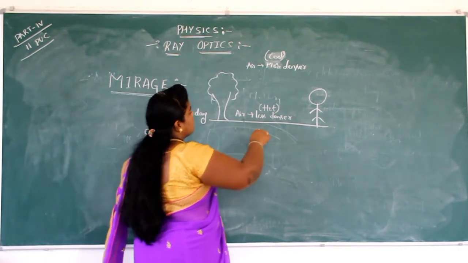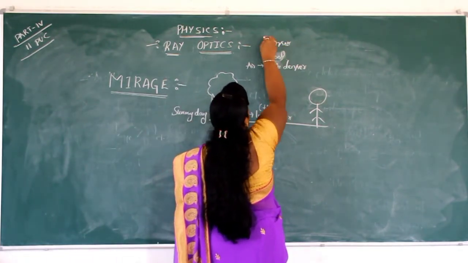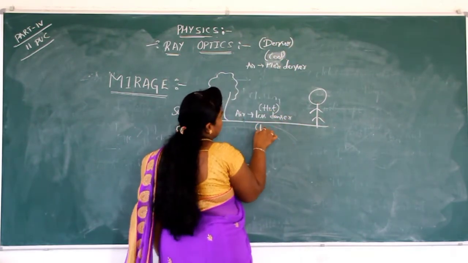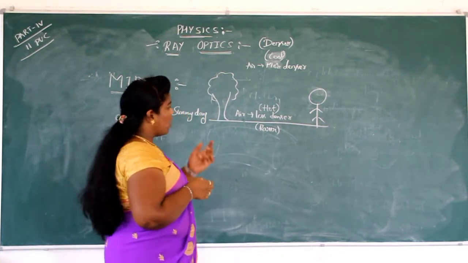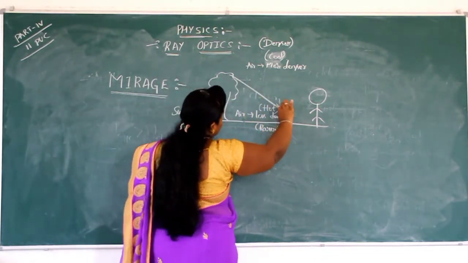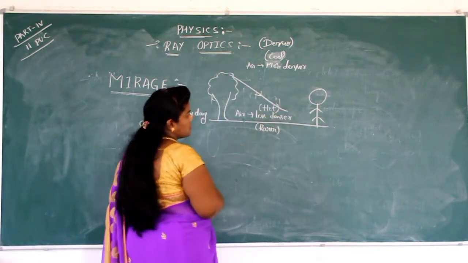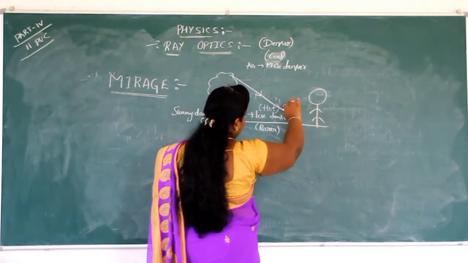So this medium becomes the denser medium, whereas this becomes the rarer medium. Now the ray of light travels from the tree. This person used to observe the tree while he was walking.